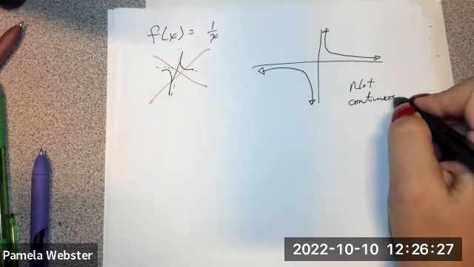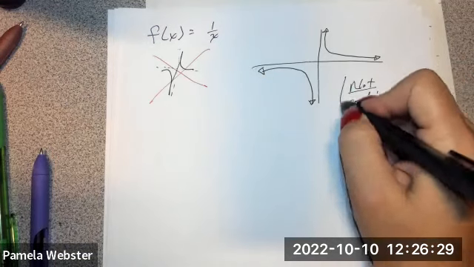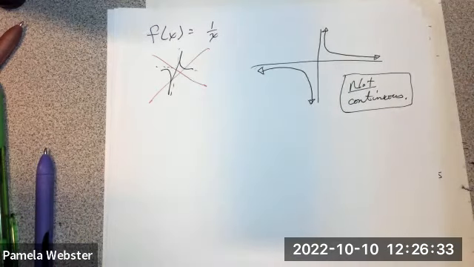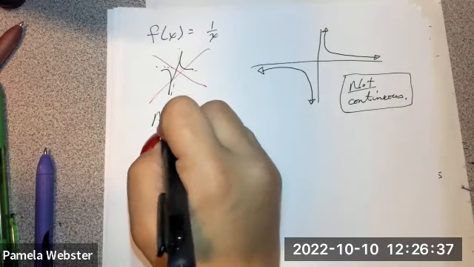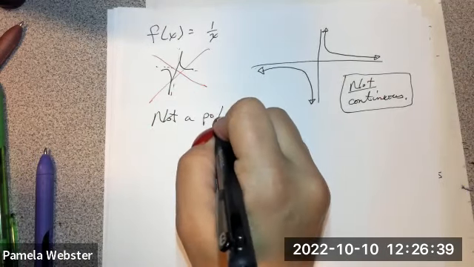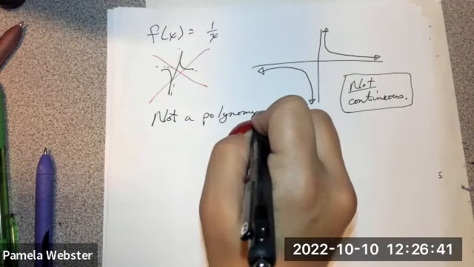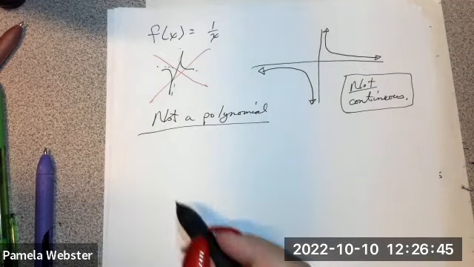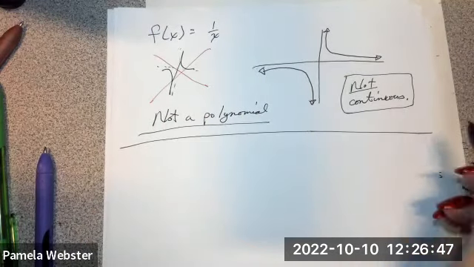So even if you couldn't tell by looking at the equation, the x is on the denominator, so it's not a polynomial. The graph will tell you for sure, right? So every time we see these, we're going to think, oh, that's not a polynomial. This is actually a new kind of function for us.